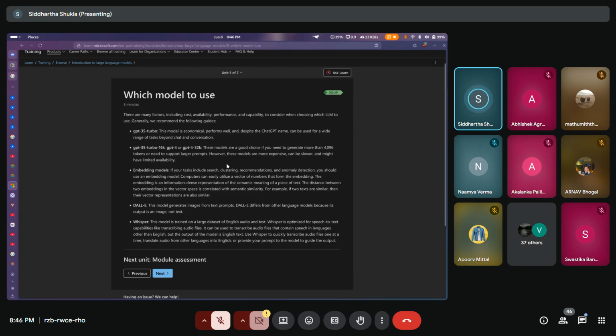So it gives you all of these references for GPT-3.5 Turbo, GPT-3.5 Turbo 16K, which basically gives you 16K tokens, and GPT-4 32K, again 32K tokens in this case. And DALL-E, obviously, the go-to diffusion model for image generation.